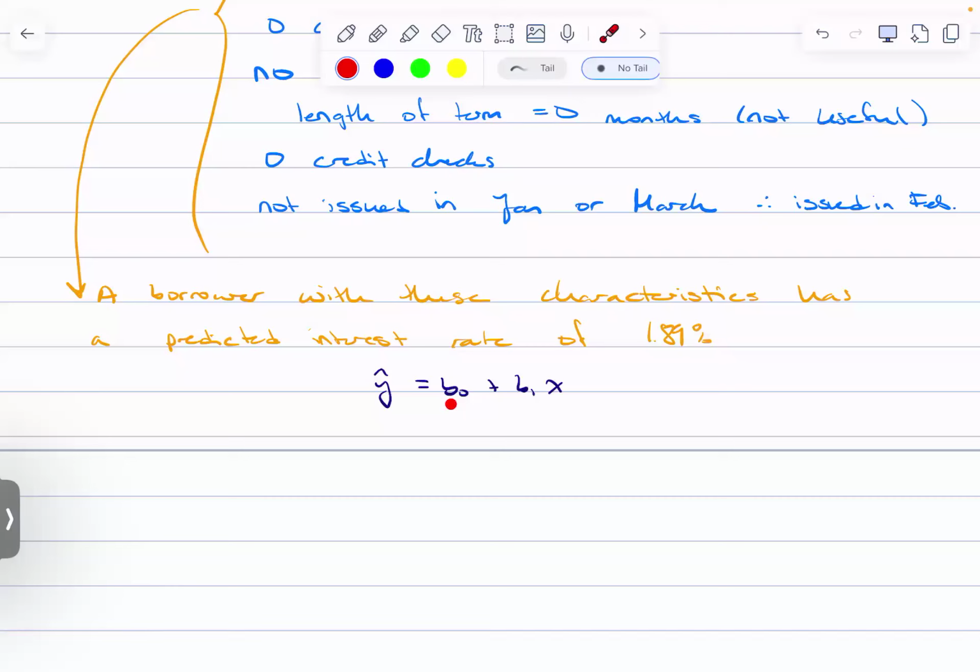We said, well, that's the predicted value of y when x is 0. So now we're doing it again, but we're turning all our x's into 0, right? And that's still going to be our intercept. So same interpretation, it just looks a little bit harder because there's more variables, but you're doing the same thing.